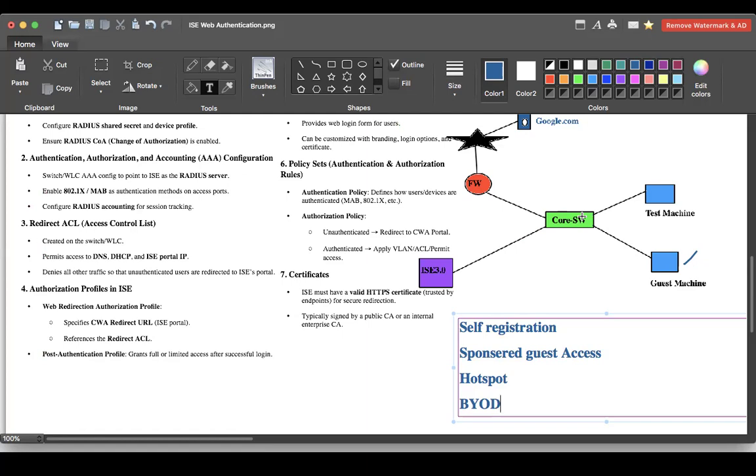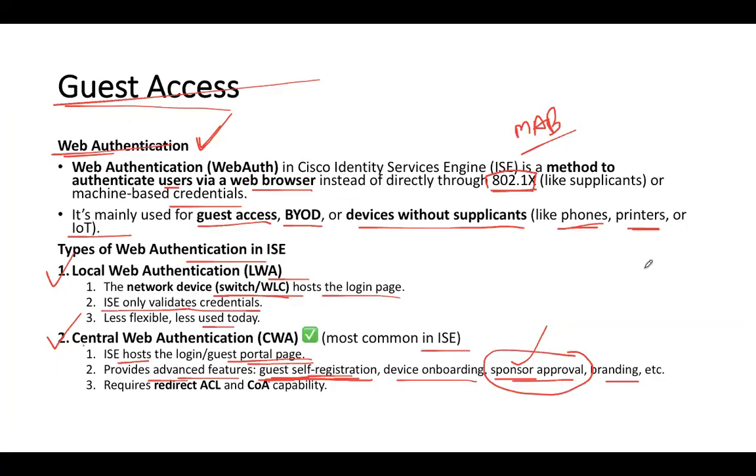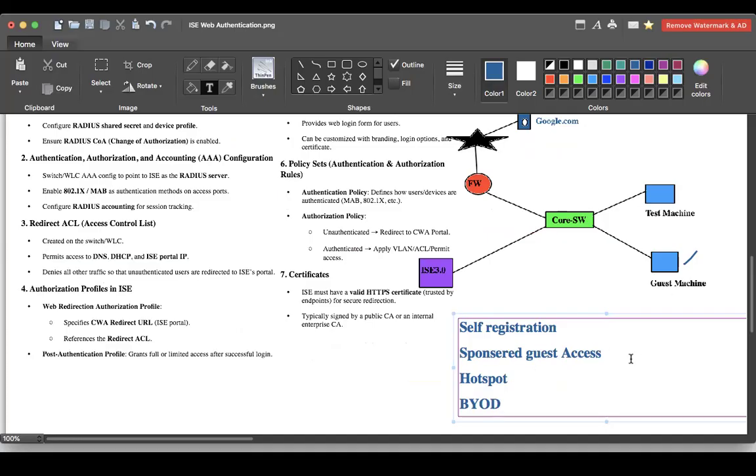The only thing they can do is have their traffic redirected to ICE. They are only allowed to talk to ICE for authentication purposes. This is where you require the ACL on the switch, blocking everything else and allowing only the traffic to ICE.